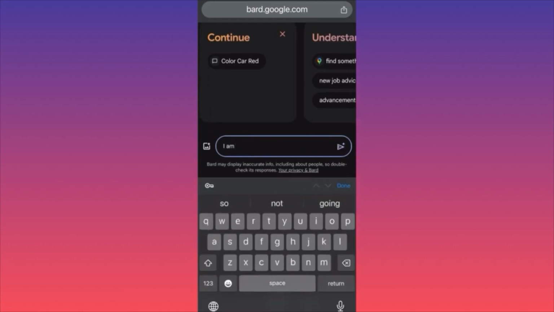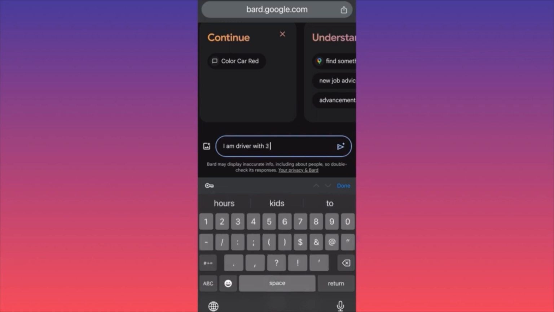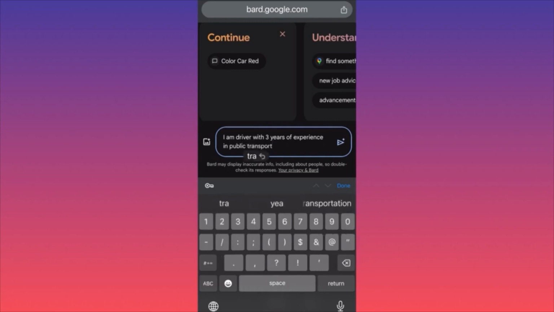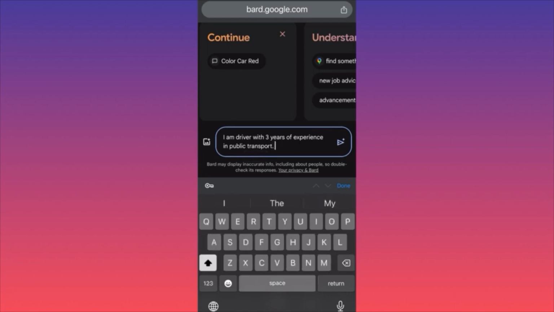For example, you want to start the prompt with "I am a driver with 3 years of experience in, let's say, public transportation." Then you want to make sure that you let them know that you're very skillful.